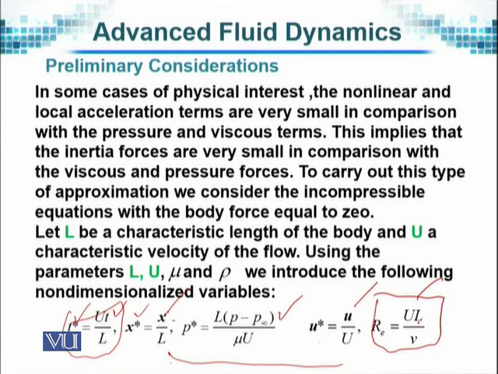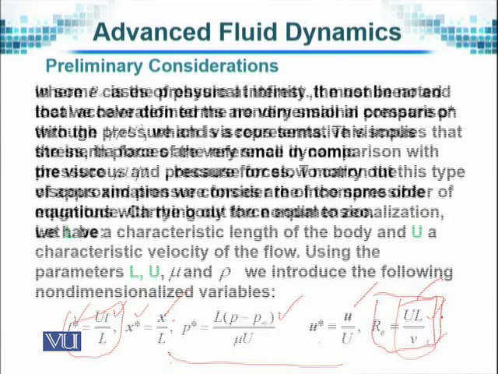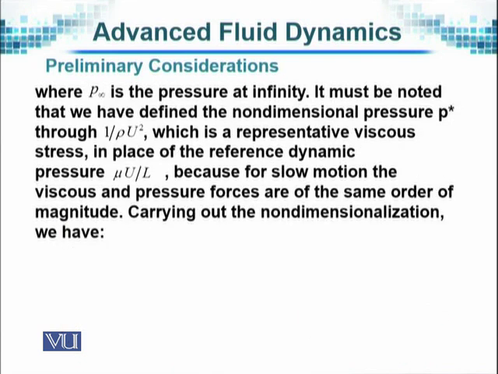Reynolds number is defined as the ratio of a typical velocity of a fluid flow problem times length divided by kinematic viscosity nu. You will see that the dimension of this is zero, so the Reynolds number is a dimensionless number, and it shows the ratio of momentum forces and viscous forces. And P infinity is the pressure at infinity.